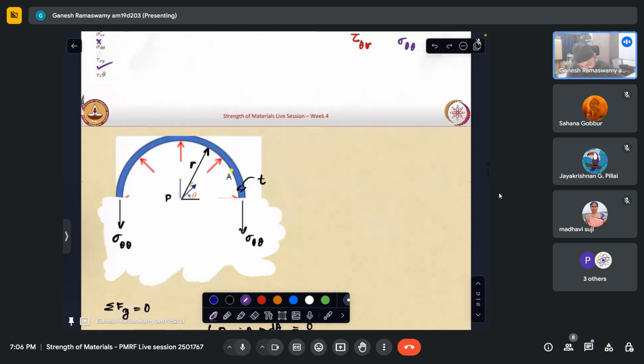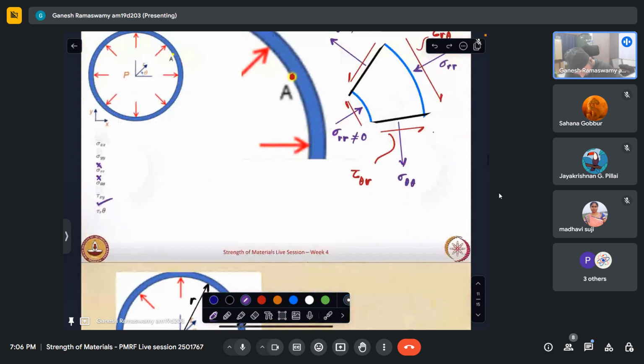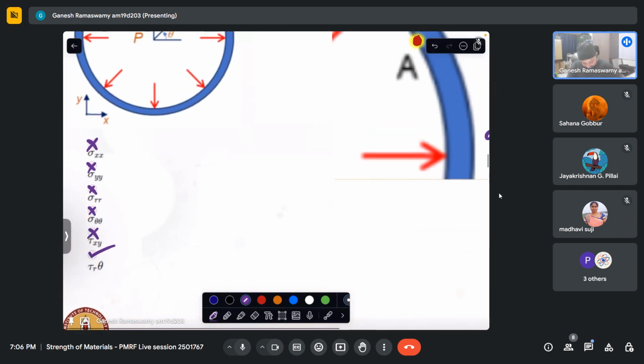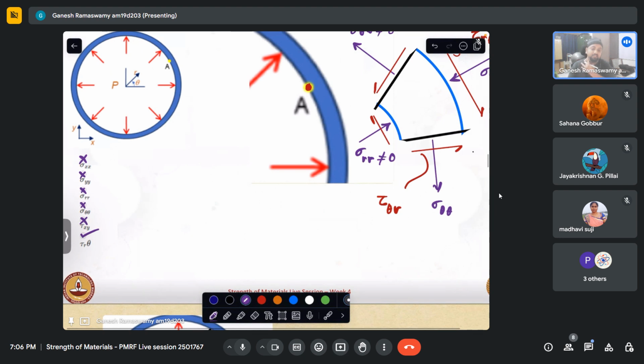So sigma xx will not be 0, sigma yy will not be 0, tau xy will not be 0 at point A. So what we have got from this analysis is only that in the polar coordinate system, my shear stresses do not exist because of the problem being axisymmetric for this question.